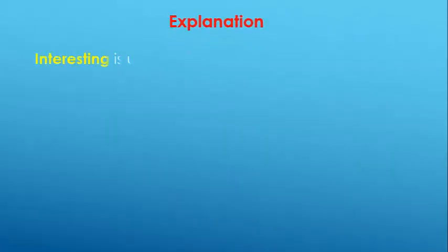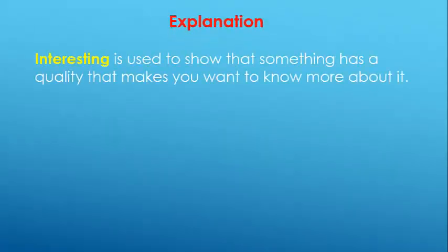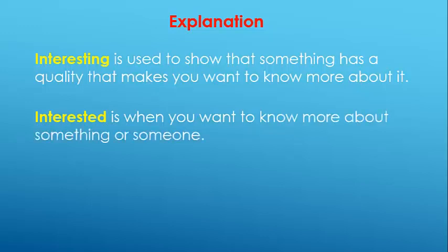Now, explanation. Interesting is used to show that something has a quality that makes you want to know more about it. Something that is interesting has a quality that makes you want to discover it and know more about it.